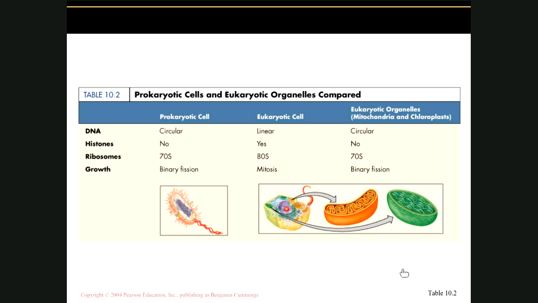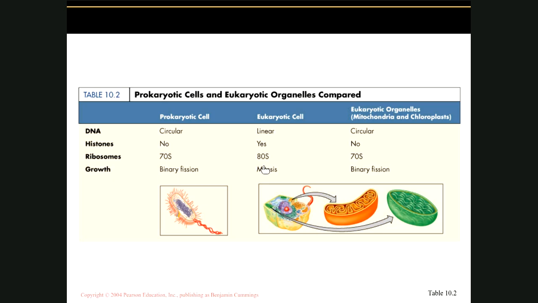When it comes to ribosomes, mitochondria and chloroplasts have the same type of ribosome as prokaryotes. Eukaryotes have a different ribosome. And when it comes to reproduction, we already learned that bacteria simply divide by binary fission. And so mitochondria and chloroplasts also divide in two through binary fission. But eukaryotes have that complex process of mitosis and cell division.